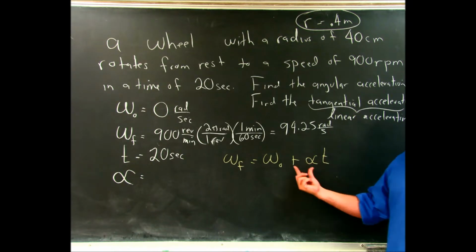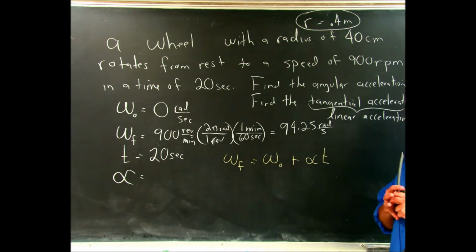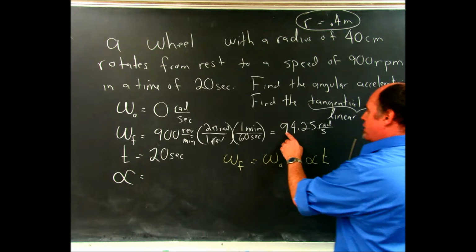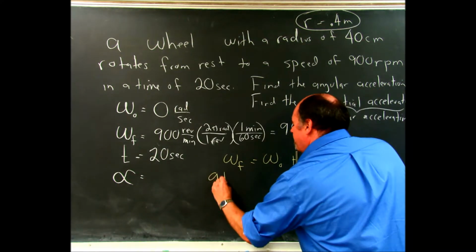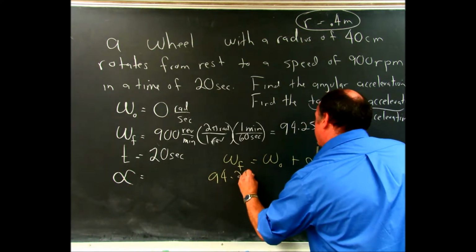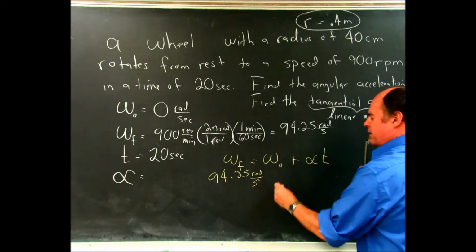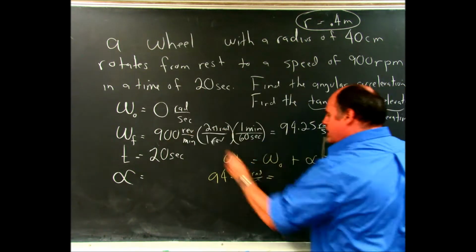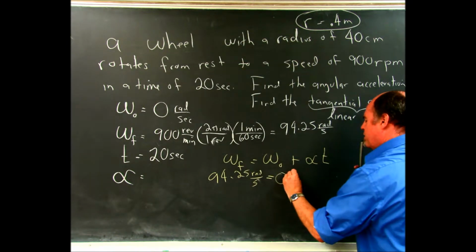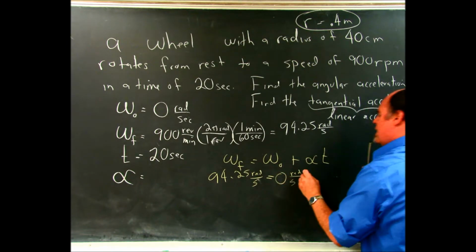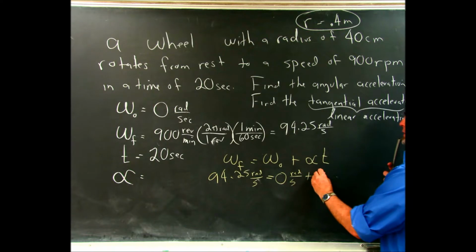But these are all the Greek variables, so they're all the angular pieces. So the final angular velocity is 94.25 radians per second, which equals the initial velocity, 0 radians per second, plus the angular acceleration we're looking for, times the time, 20 seconds.